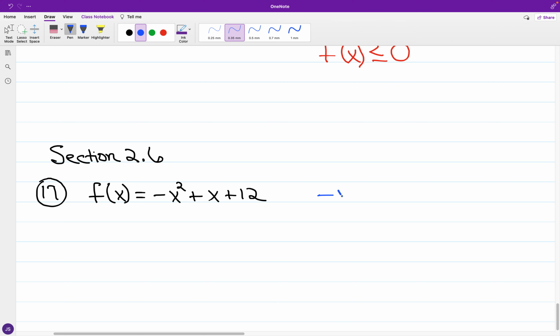And so if I set things up here, we have negative x squared plus x plus 12 is equal to 0. And what I want to do here, just to make this factor friendly as much as possible, is I want the leading term to be a positive x squared, so I could just multiply the equation or divide the equation by -1, or in other words, make what was negative positive and vice versa.